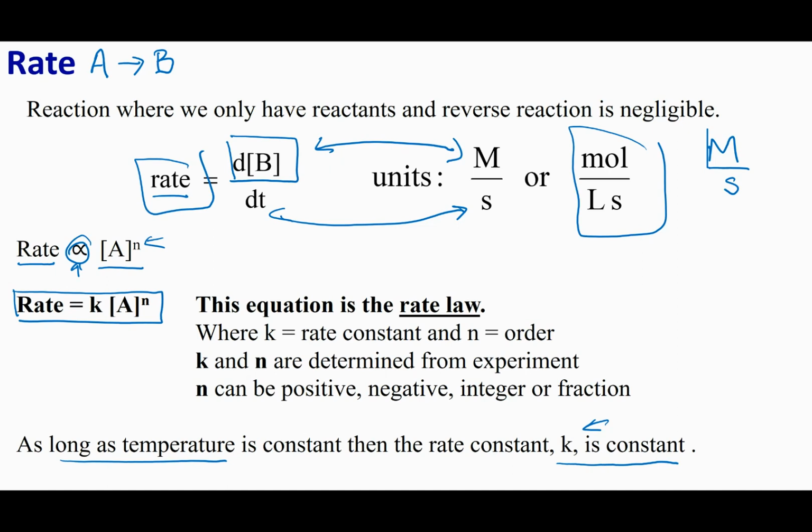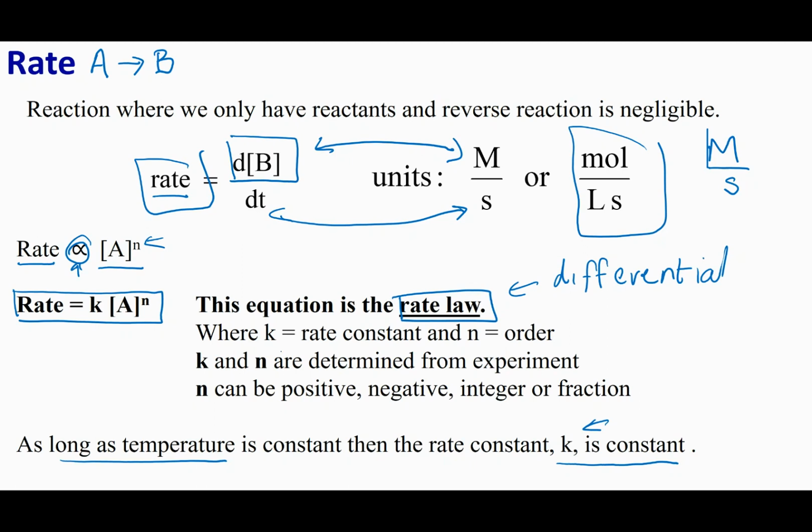Now, when we go ahead and look at this expression right here, this is what we call the rate law. Now, more specifically, this is called the differential rate law. So you guys, we will talk about a different kind of rate law called the integrated rate law, but this is in the form of the differential rate law.